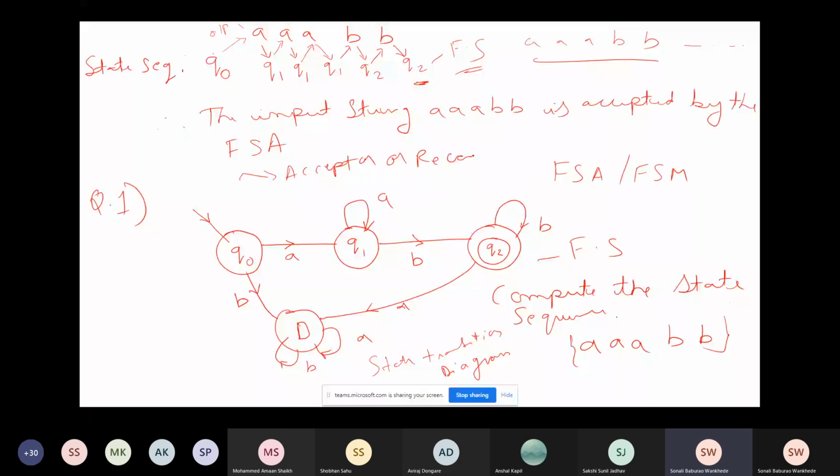So you will be given such state transition diagrams with the input string, and you will be asked to check whether this input string is accepted by FSA or not. So our final solution is yes, since the last value is reaching the final state, we can say that the input string triple A double B is accepted by the finite state automaton.